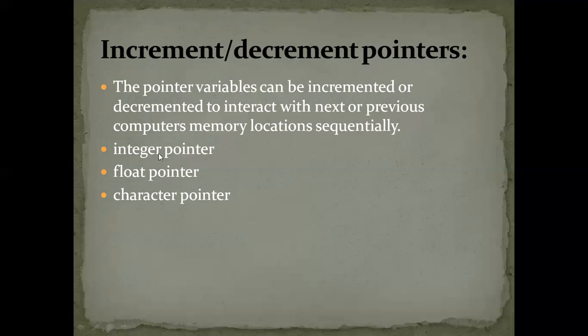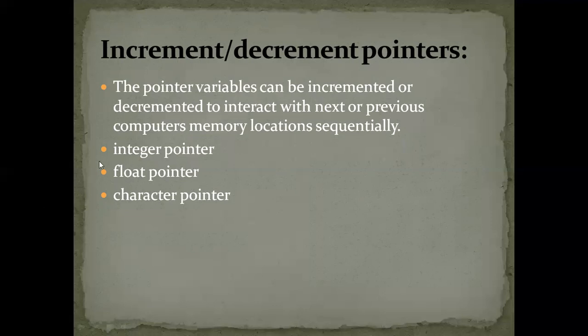Whenever we increment or decrement the integer pointer, it will be incremented or decremented by 2. Why 2? Because it occupies 2 bytes.